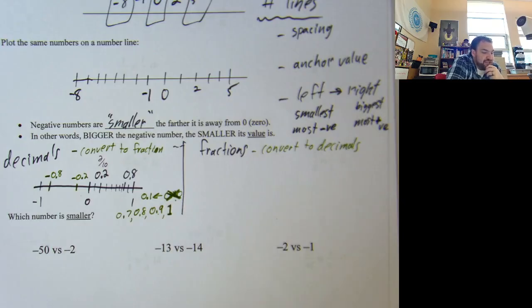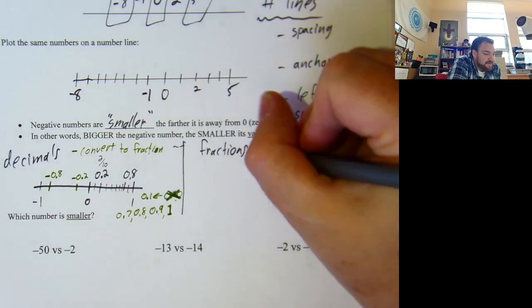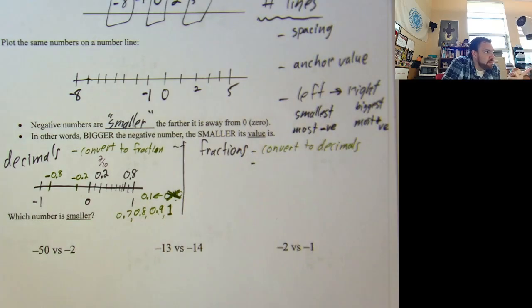Let's talk about fractions. You can convert to decimals. That is an option. We're going to look at that in a second. If you don't do that, what are some of your other options? There's 2 more. Greatest common factor? Close. We're not going to common factor these things. We are going to common something else then. What is it?